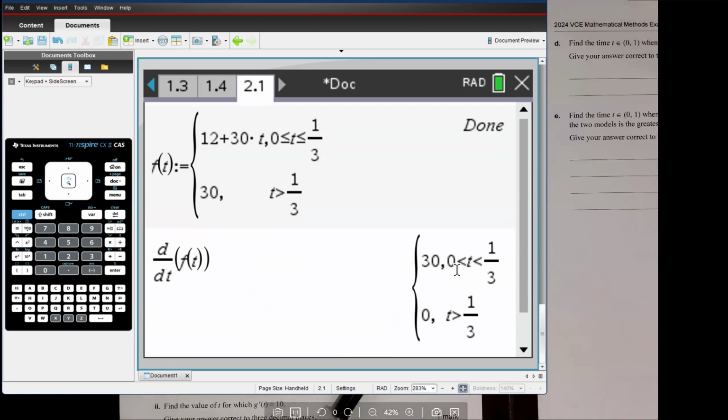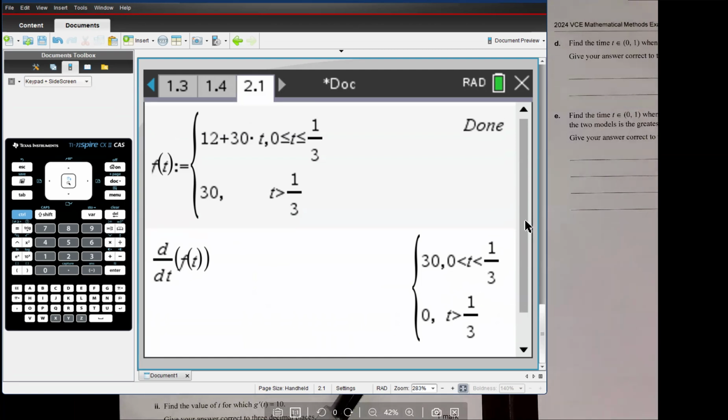But if you read the assessment report published on the VCAA website, they actually accepted an equal sign here because they wanted the initial instantaneous rate of change to exist, but you don't have an equal sign at 1/3 here, right? You must exclude that. The derivative is not continuous at 1/3.